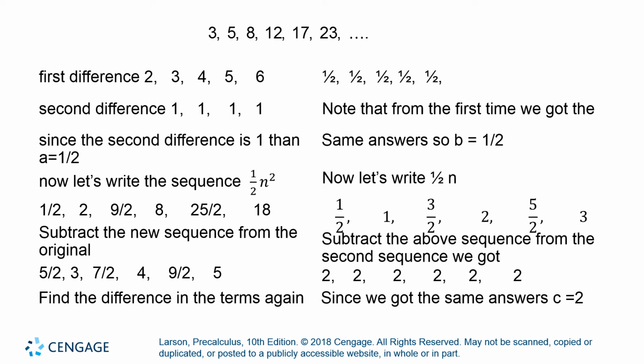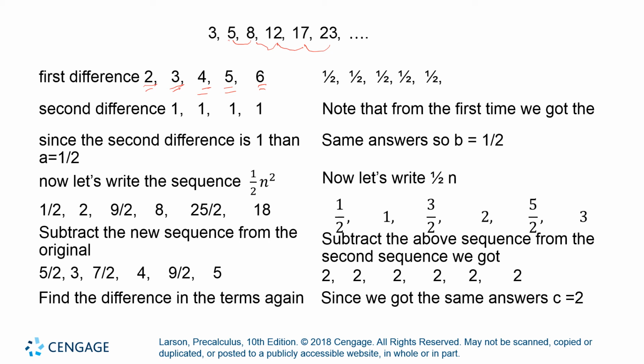To figure out the a sub n term of this sequence, first we're going to subtract those terms from each other. 5 take away 3 is 2. 8 take away 5 is 3. 12 take away 8 is 4. 17 take away 12 is 5. And then 23 take away 17 is 6.